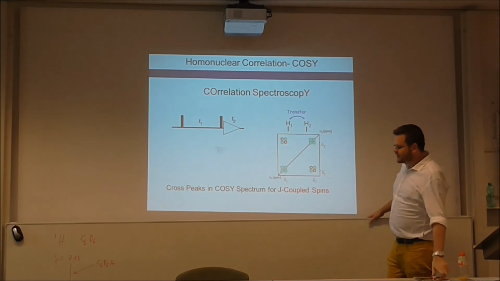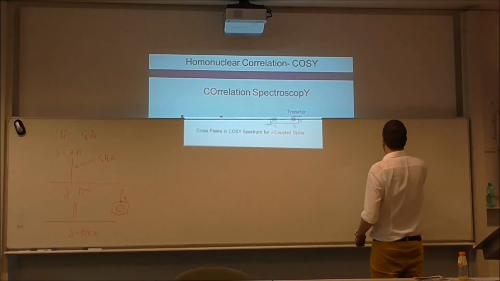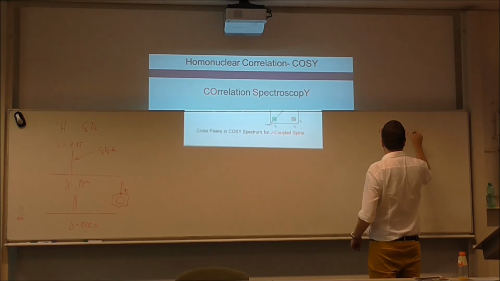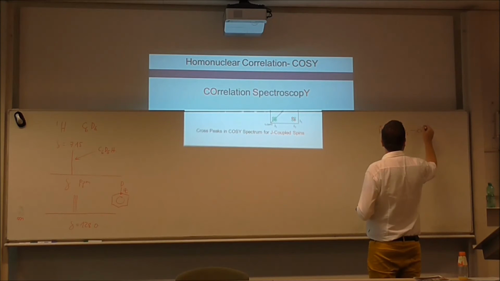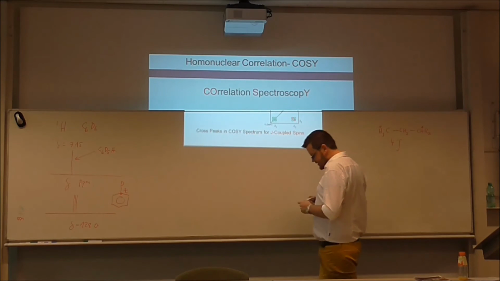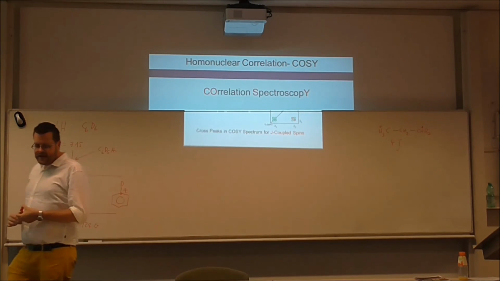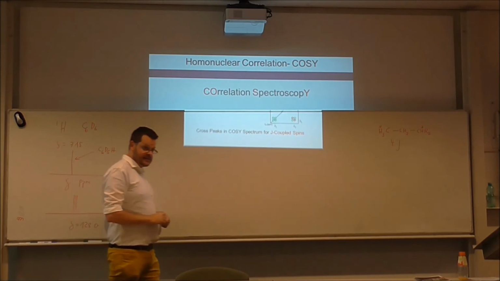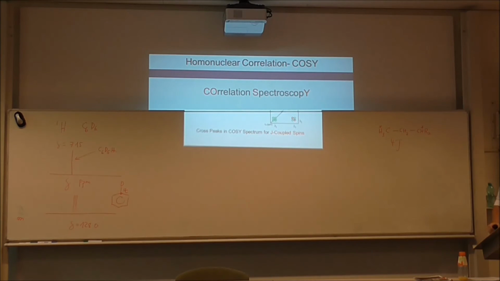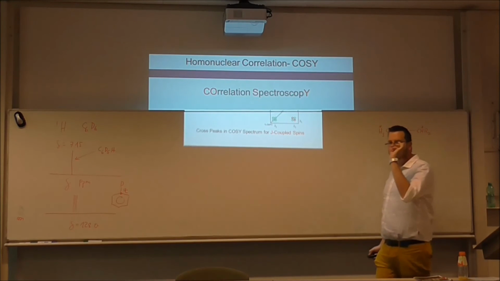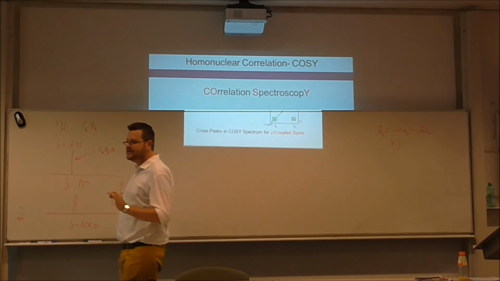With J4, so for example, if we imagine something like this, for argument's sake, one of these protons and this proton here, that would be a J4 coupling. Now that one typically one does not see, but sometimes you do. But it's very, very, very weak. It will be a very weak cross peak, but typically you see J3.